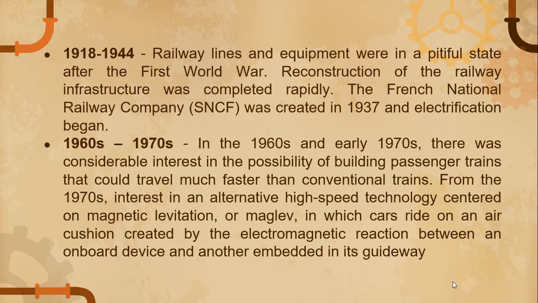And by the 1960s to 70s, there was considerable interest in the possibility of building passenger trains that could travel much faster than conventional trains. From the 1970s, interest in an alternative high-speed technology centered on magnetic levitation, or maglev, in which cars ride on an air cushion created by the electromagnetic reaction between an onboard device and another embedded in its guideway.